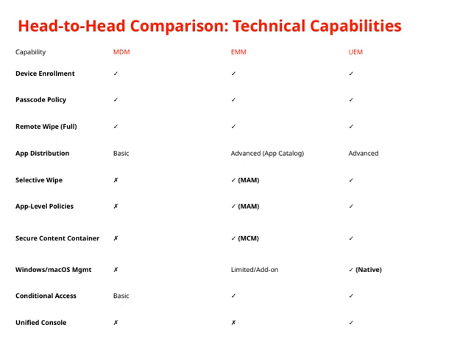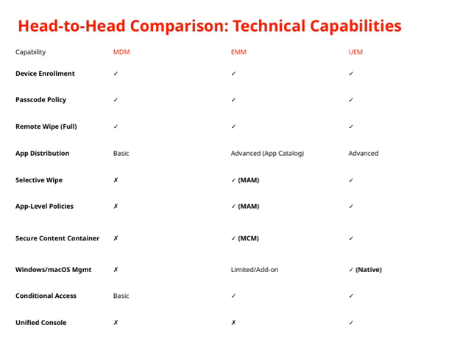When it comes to passcode policies, again, all three support this critical security measure, ensuring that devices are protected from unauthorized access. Remote wipe, which allows us to erase data remotely in case of loss or theft, is also universally supported across the board.